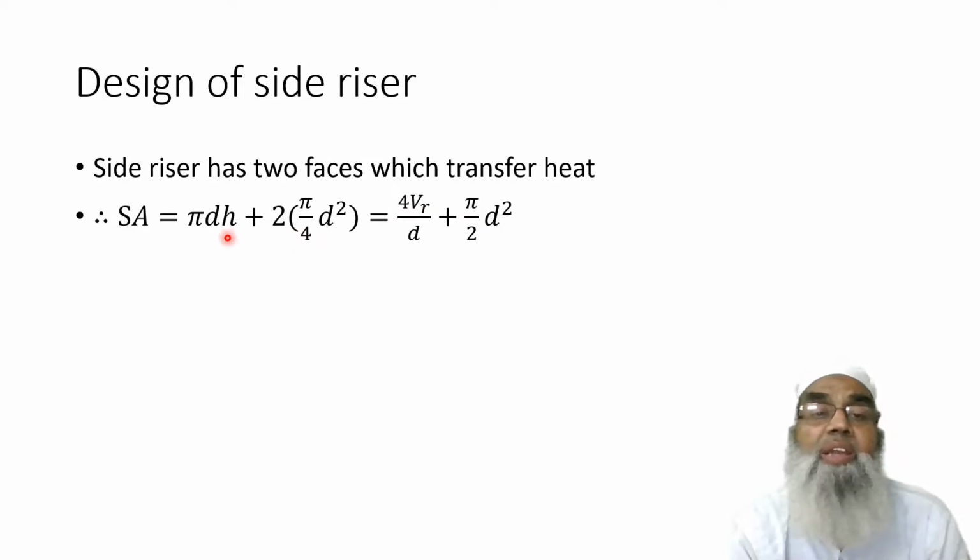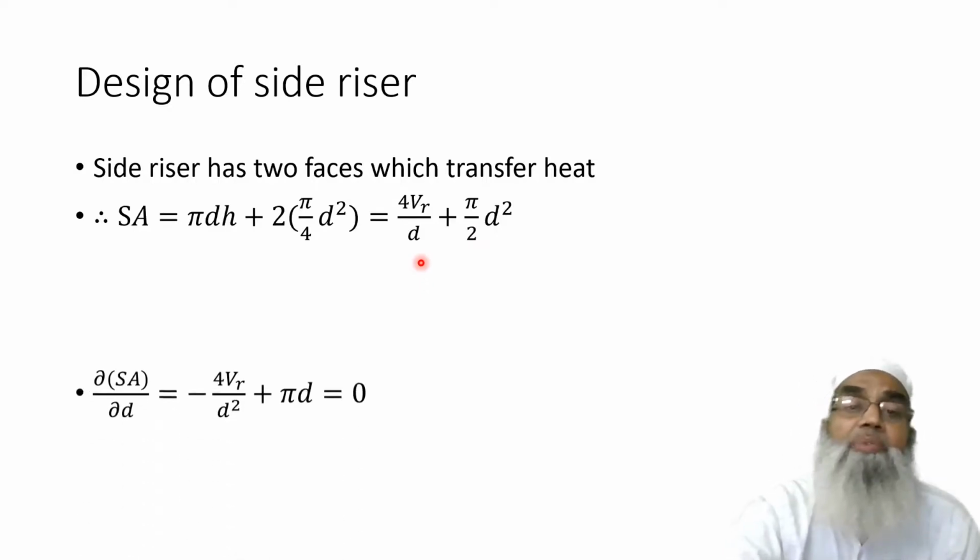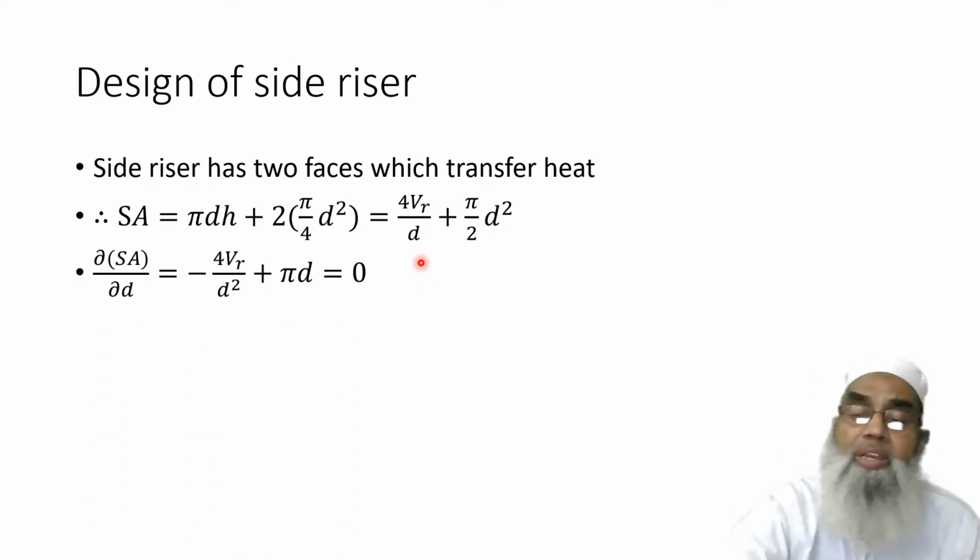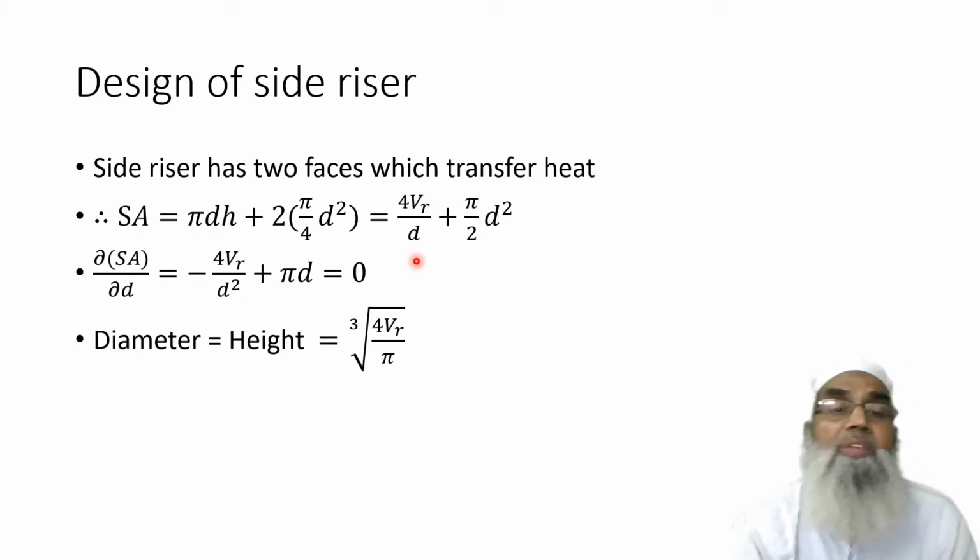We can replace this H with respect to VR, having the particular equation, and differentiating it to 0 with respect to D, we can find out the value of the dimension: diameter is equal to height, and it is given by this. This is the optimum dimension of the riser.